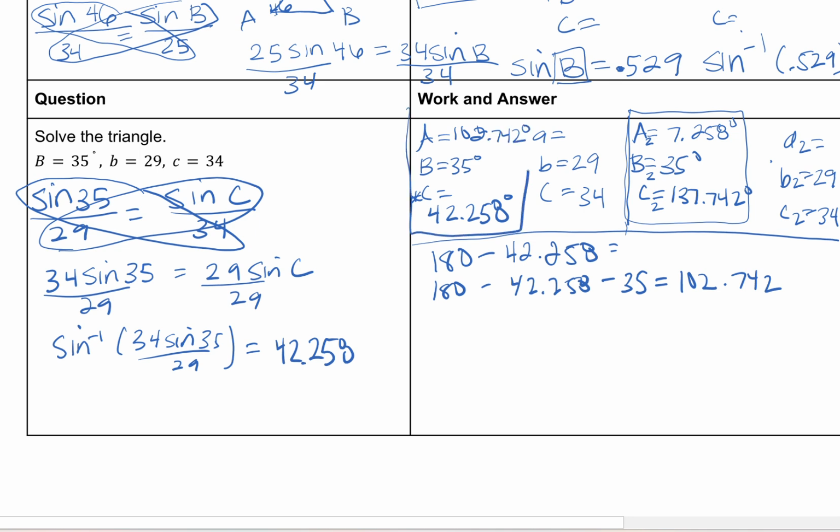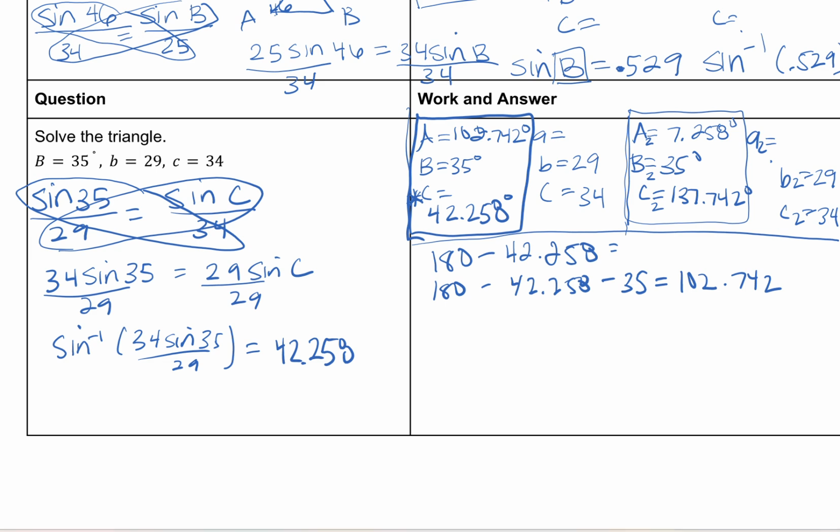And if I add these three angles together, I still get 180. So we do have the case where this one is going to have two triangles. And if you miss that second triangle on this, then you're not able to get that fourth point, okay? So make sure that you understand how to check for that second triangle by subtracting the first one you solve for from 180 and then going through and solving the rest of the problem if it works.